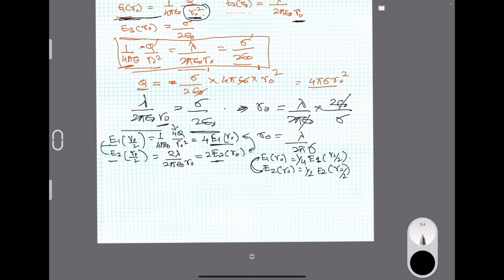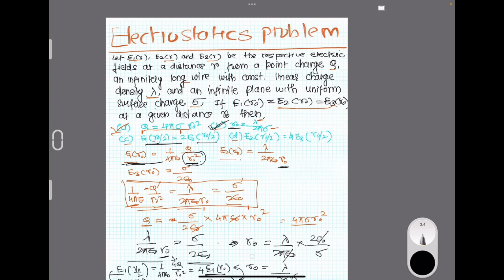And the relation that we will have is 1 upon 4 E1 of R naught by 2 is equal to 1 upon 2 E2 of R naught by 2. And therefore, finally we will have E1 of R naught by 2 is equal to 2 times E2 of R naught by 2. And what does our option say? Our option says the same thing, therefore this option is also correct.